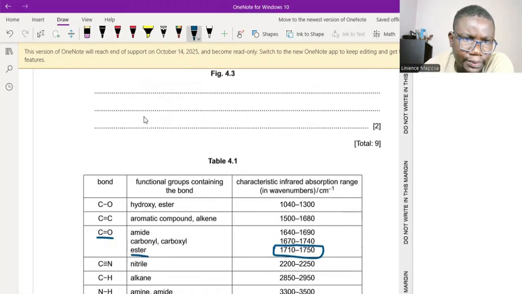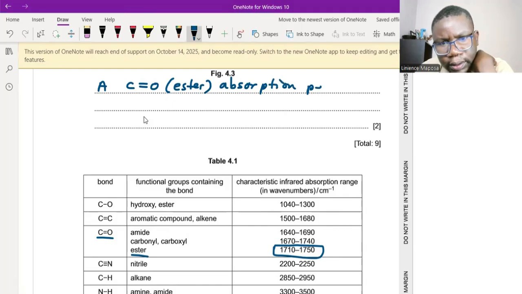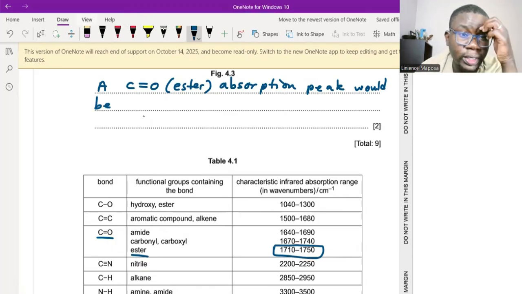So we'll see an absorption peak, a C=O ester absorption peak. No, let me not say that.